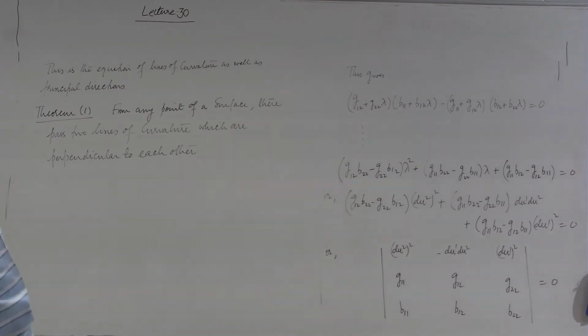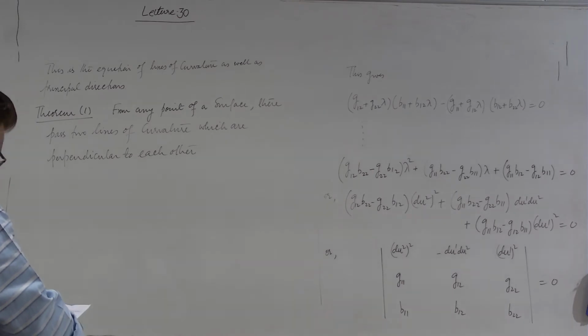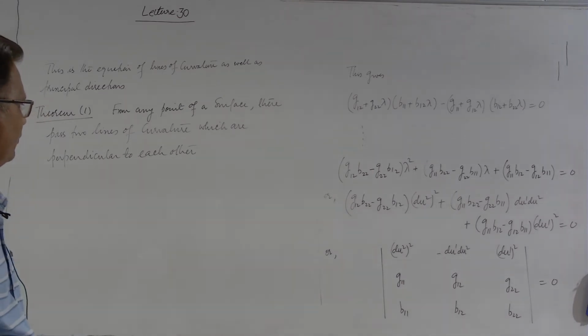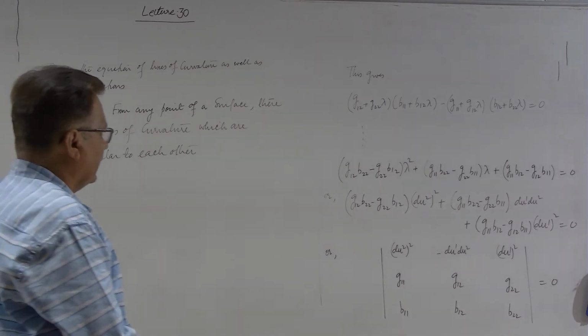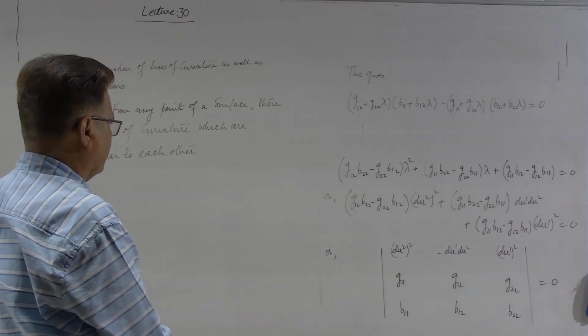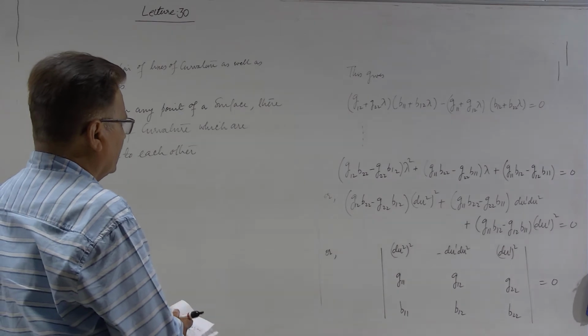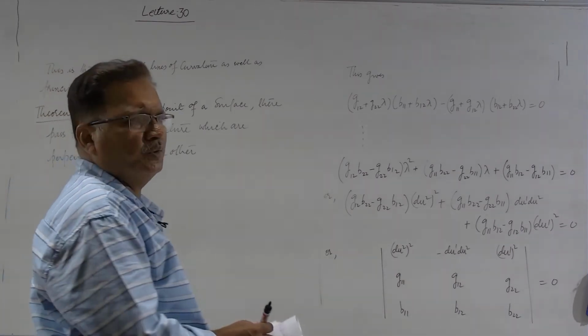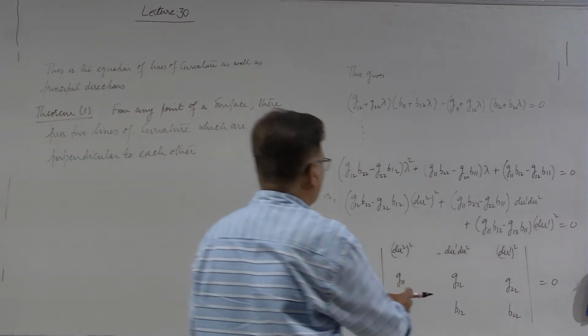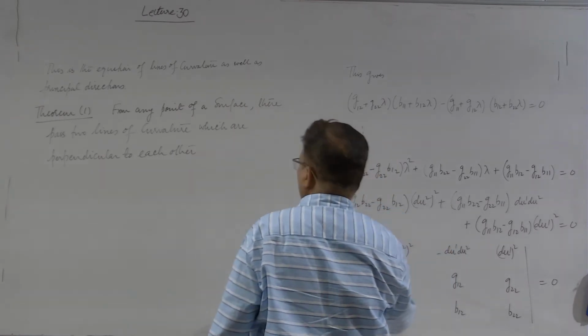Okay. Proof is easy. What we will be doing, we will assume that the two directions are du1 upon du2 and delta u1 upon delta u2. You can rewrite the above equation as follows.